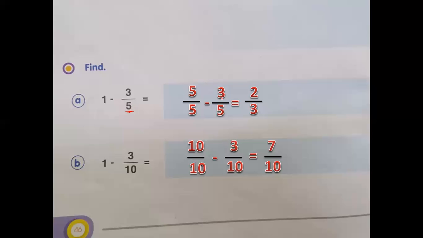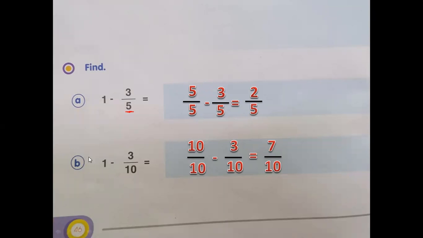5 minus 3 equals 2, so here we have 2 over 5, the same denominator. Okay, and number 2, we have 1 minus 3 over 10. Okay, so what is the numerator and the denominator here?